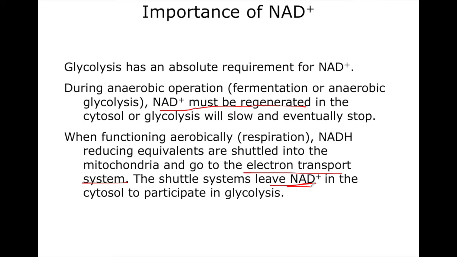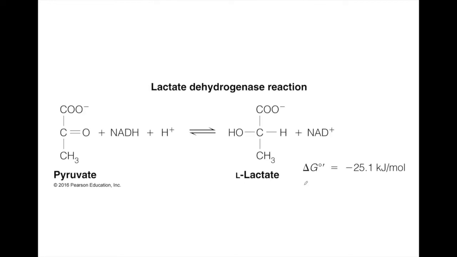The NADH, those electrons are pulled off and sent down the electron transport chain, so we can regenerate NAD+, no problem when oxygen's present. But when oxygen's not present, we have to convert that pyruvate to lactate in order to get the NAD+ to be regenerated.